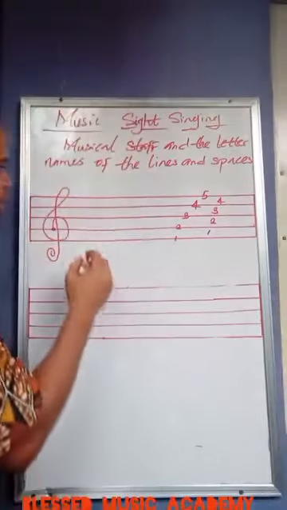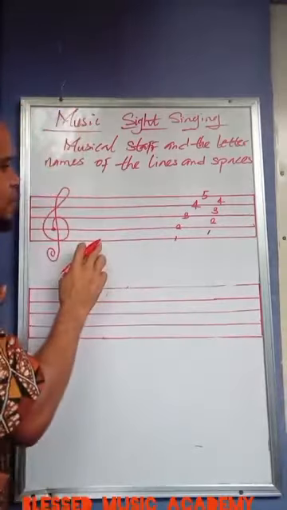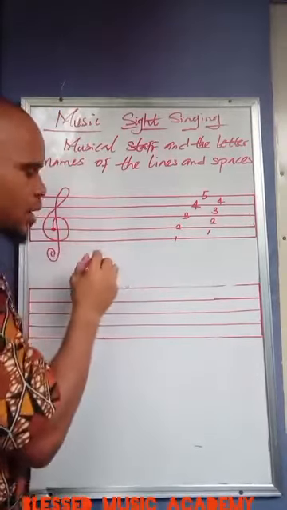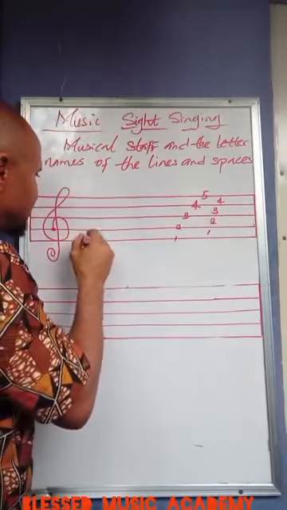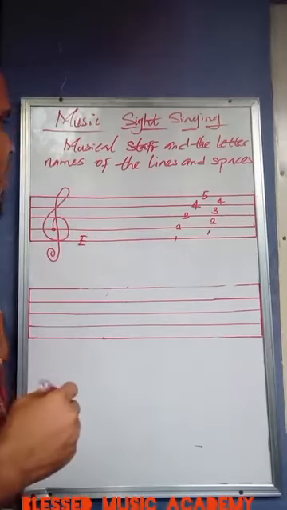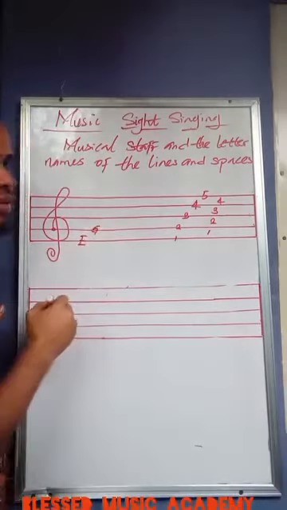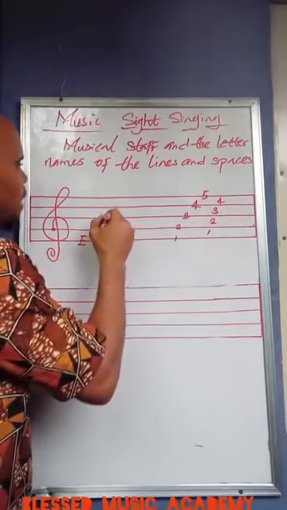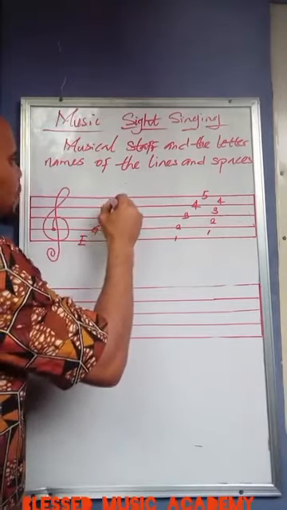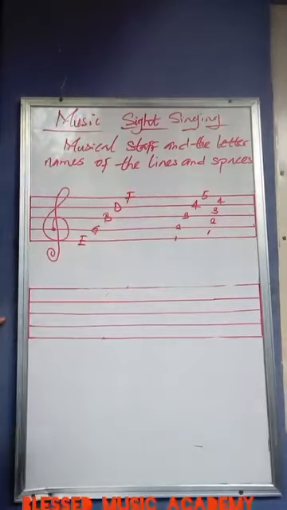For example, remember I said we number from the bottom to the top. The first line is E everywhere you go. The second line is G, the third line is B, fourth line is D, and then the fifth line is F.